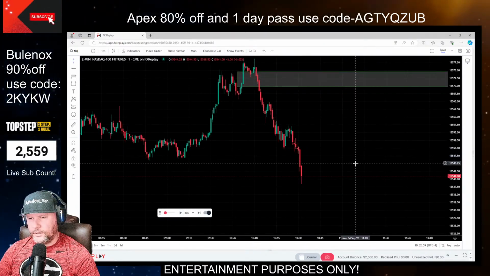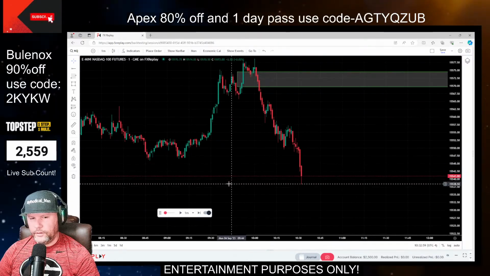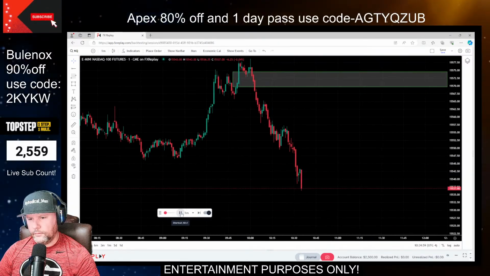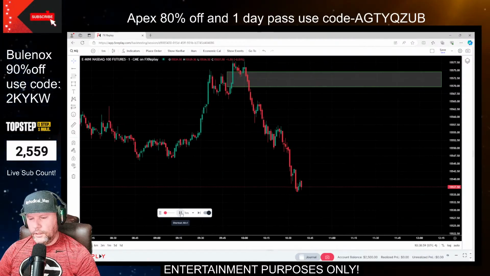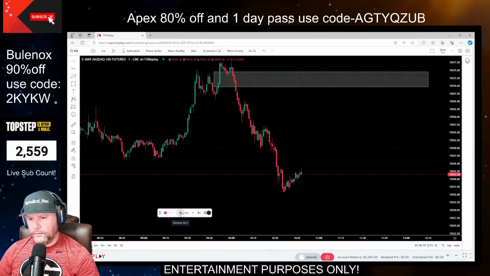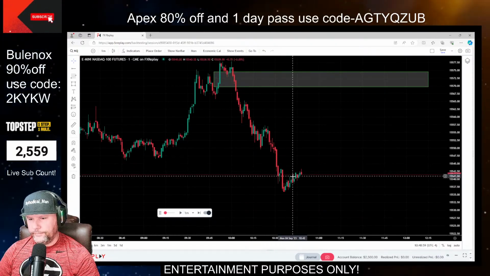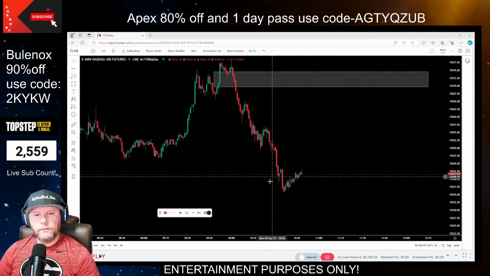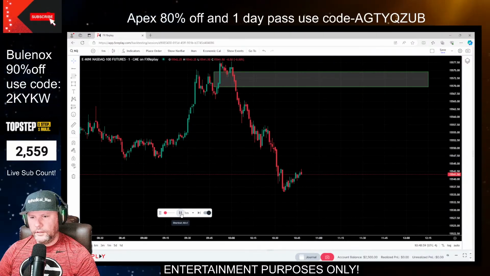How big of a gap is this? 48 to 44. It's only 4 handles. Ideally, in the back test, I'm going to try to be a little more picky about the ones that I take. Be a little more picky here.